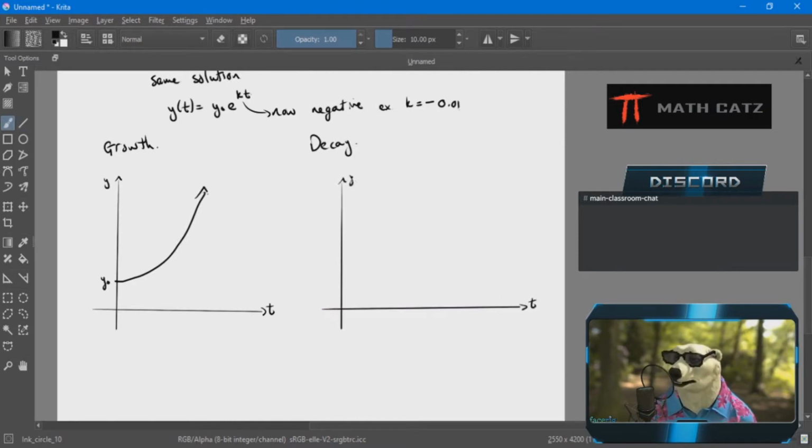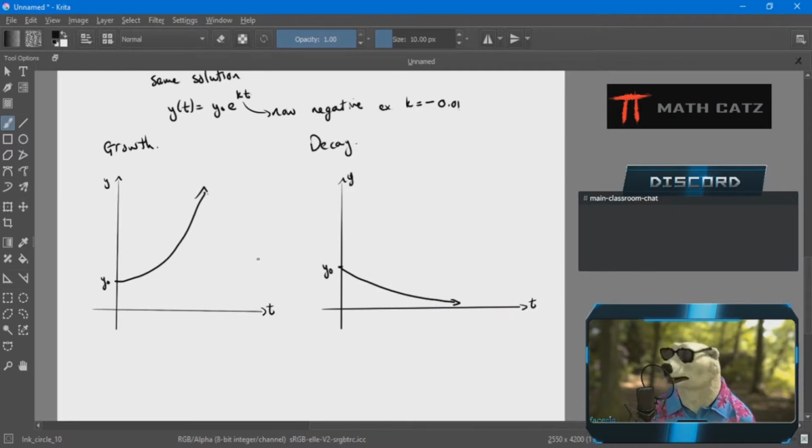And it's essentially going to be the other half of the exponential graph decaying down to my horizontal asymptote at y equals 0. So radioactive decay, according to this model, the radioactive substance never completely goes away. It just approaches 0, but in theory never gets there.